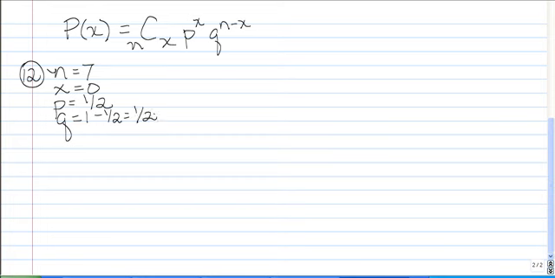So we have all of our values. So that means we want combinations of 7 taken 0 at a time times 1/2 to the 0 times 1/2 to the 7th. So that's going to be the probability of 0 successes.